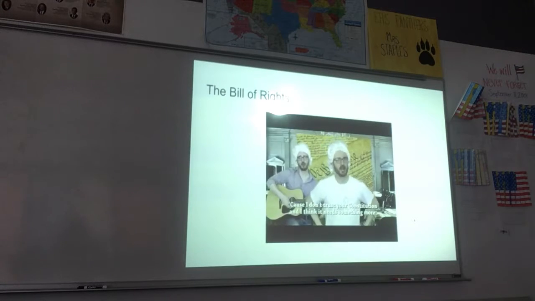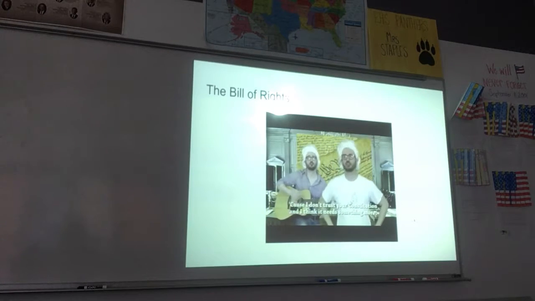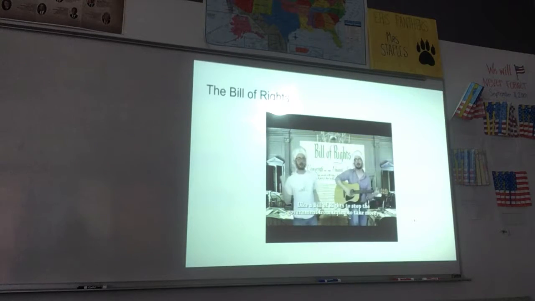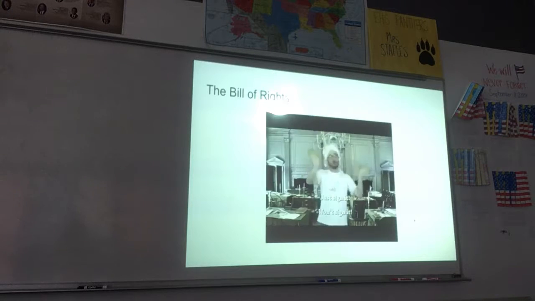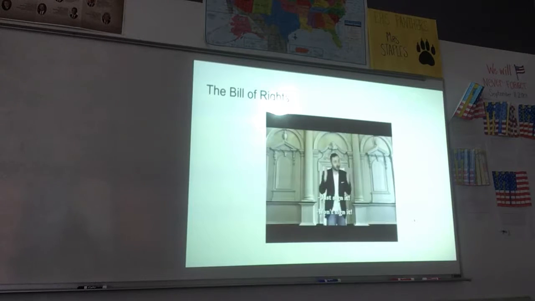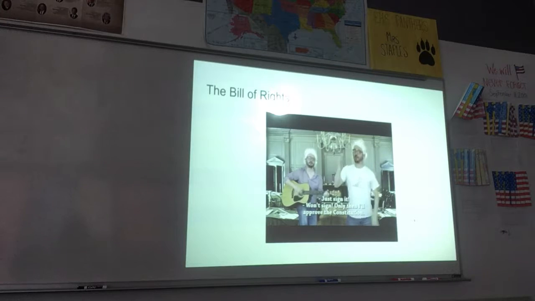'Cause I don't trust your Constitution, and I think it needs something more. Like a Bill of Rights to stop the government from trying to take more. Just sign it, won't sign it, till a Bill of Rights is added to the plan. Only then I'll approve the Constitution.